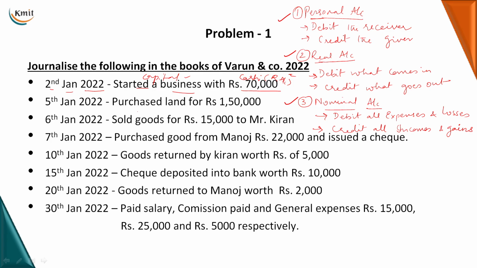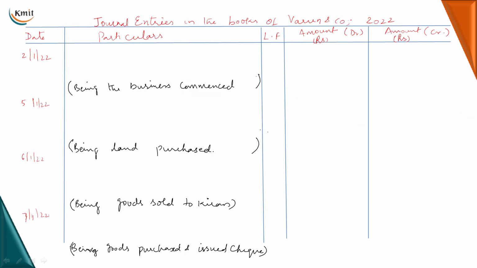Now here we are going to make use of these rules in order to pass the journal entries. Once we have identified a real account, we refer to the rule for the real account: debit what comes in, credit what goes out. So what is coming into the business? The business is receiving the cash in the form of capital. So the cash account should be debited and the capital account should be credited. So how are we going to post the entry once these types of accounts are identified? Just let us see.